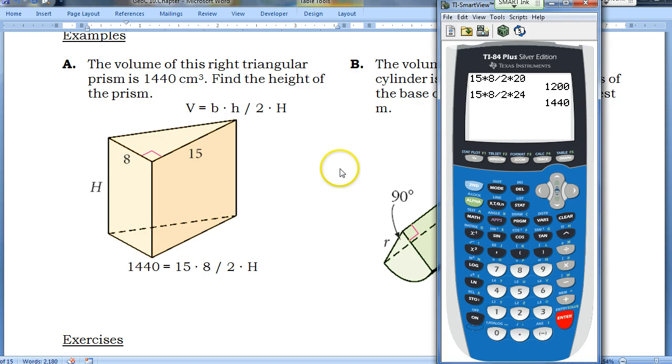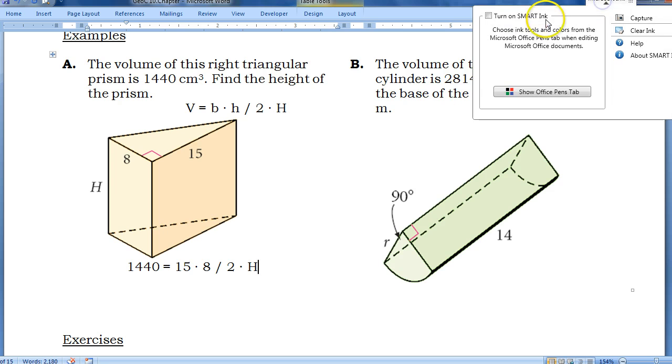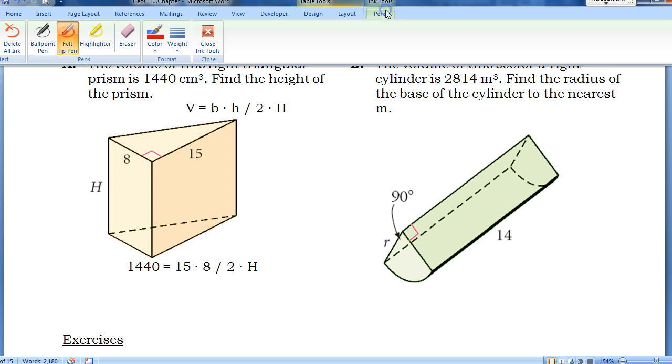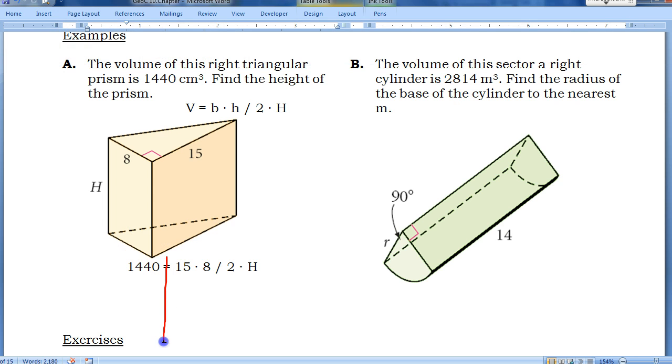So if we want to go about this the more algebra route, I can do the same thing on both sides of the equation. First, I'm going to combine all of these terms.